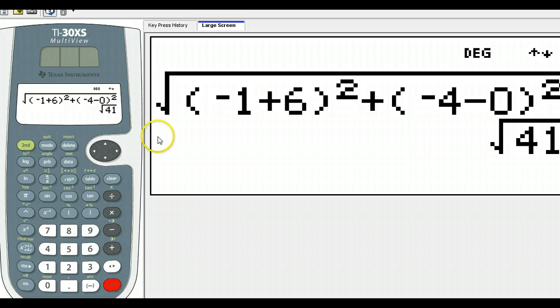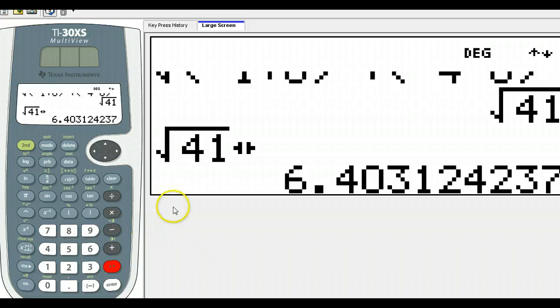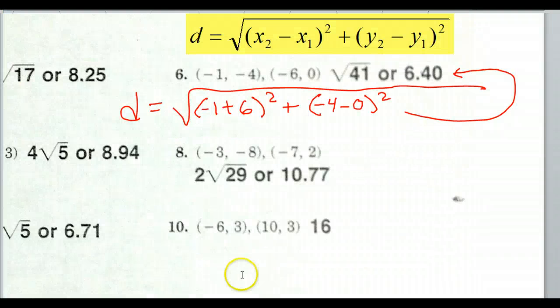Oh look, square root of 41, which is also 6.4. Okay, so yeah, that's how you do number 6.